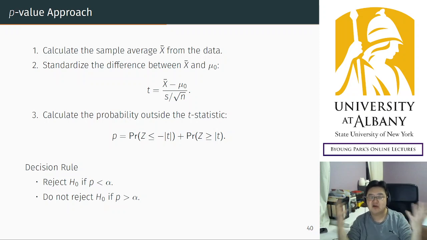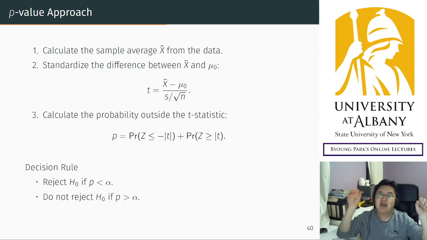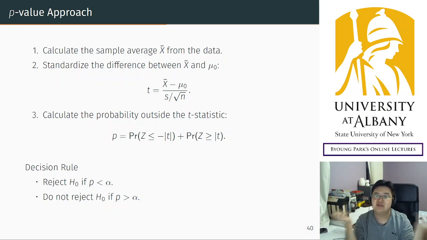We are going to compare our belief about the true mean and our observed sample mean. If they are similar to each other, then there is no problem. They are consistent. However, if they are different, then one of them may be wrong.